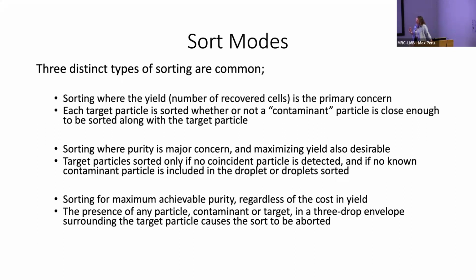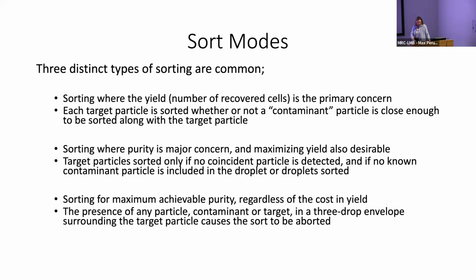And then the final scenario is typically done for single cell cloning experiments, where you want the maximum achievable purity regardless of the cost and yield. That is where we abort the sort if a particle, contaminant or target, is in a 3-drop envelope surrounding the target particle. So it's very, very stringent.